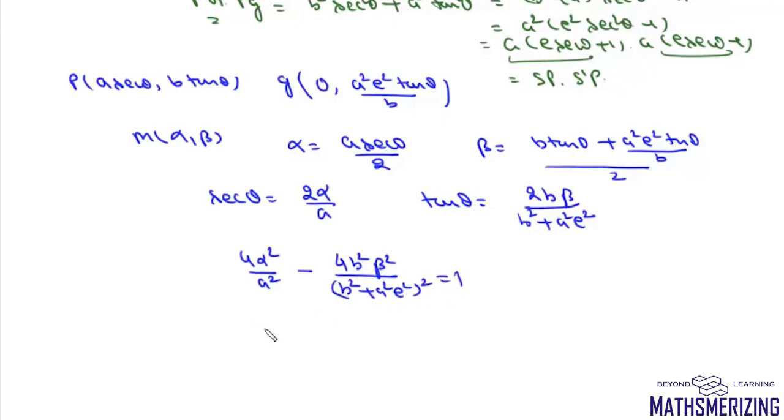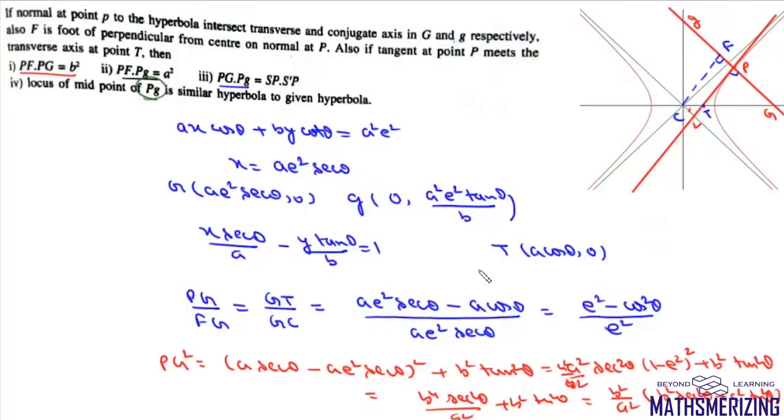So this required locus will be x square upon a by 2 square minus y square upon B square plus A square E square upon 2B whole square, it is equal to 1, which is a hyperbola similar to the given hyperbola of the form x square upon a square minus y square upon b square equals 1. And here goes the results that we need to prove.